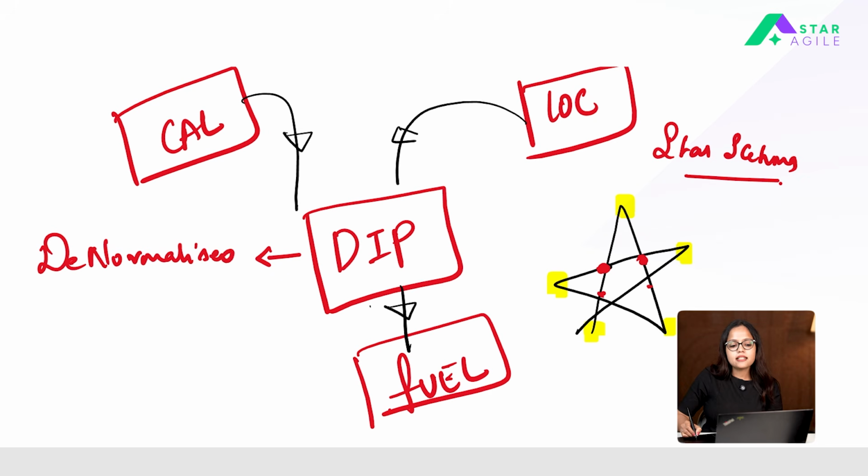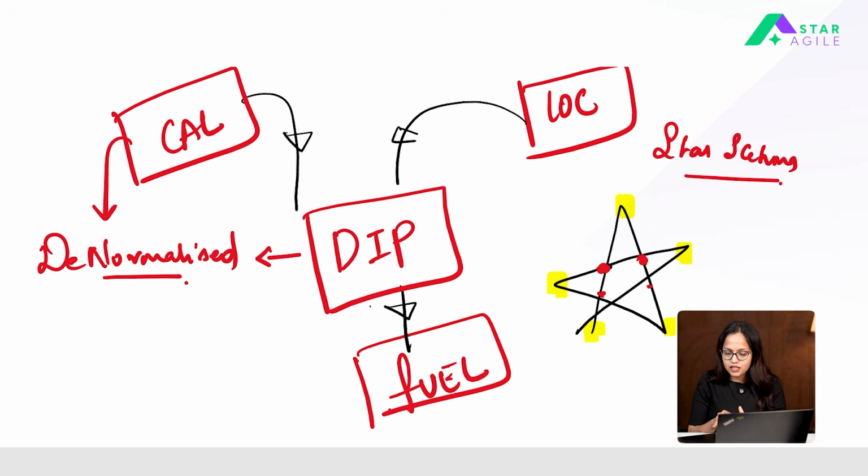Denormalization is a process in which you do not have multiple dimension tables. In our case, we only have one dimension table in the picture. So you only have calendar. You do not have, as you know, the quarter related information, month related information, and we have everything in one particular dimension table.